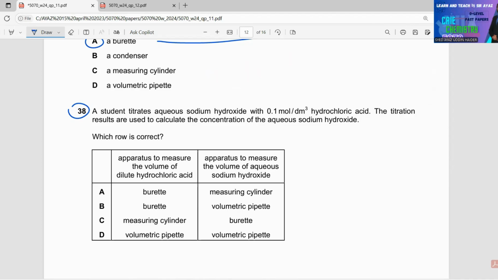Apparatus to measure the volume of dilute hydrochloric acid. You can have either A or B as the correct answer, because you are titrating hydrochloric acid with sodium hydroxide. So either A or B is correct, and C and D are incorrect. What about the apparatus used to transfer sodium hydroxide? It must be a volumetric pipette. So B must be the right answer in this case.